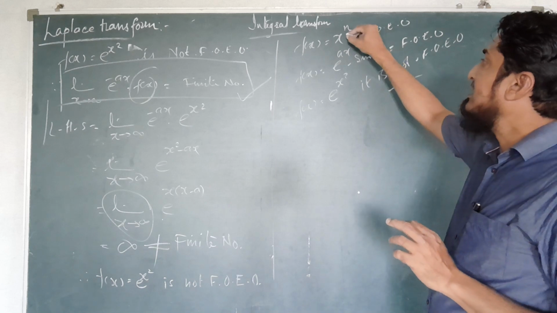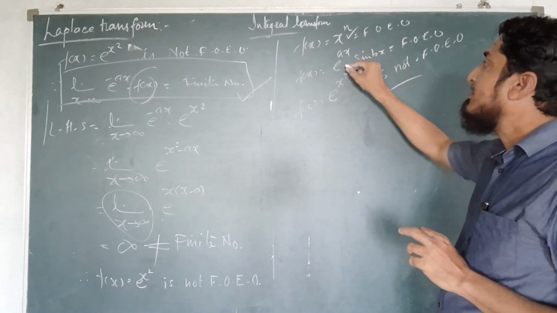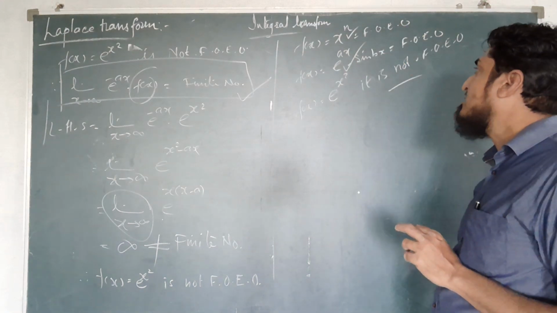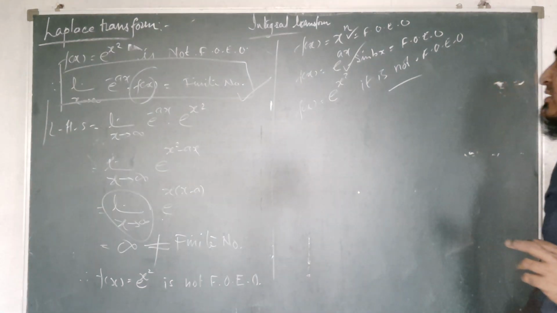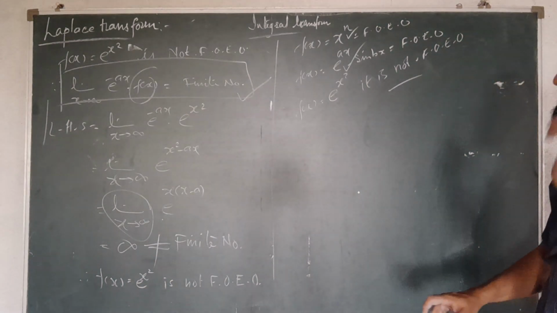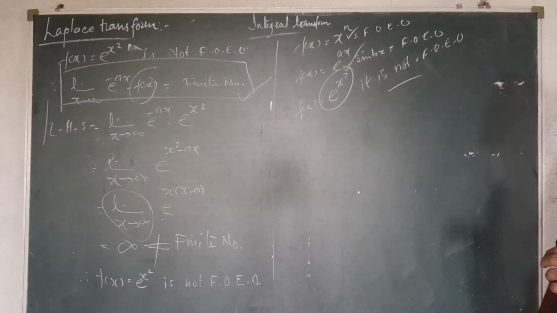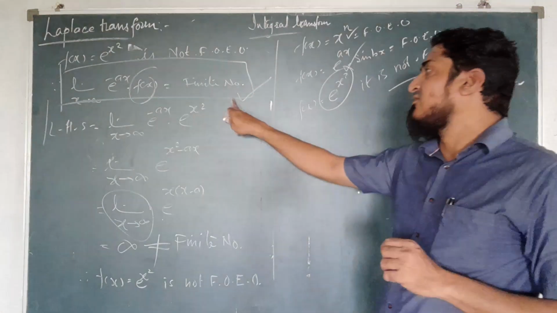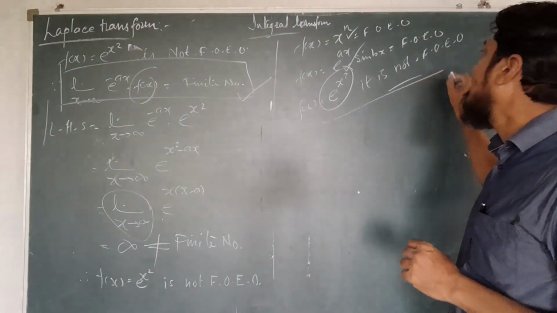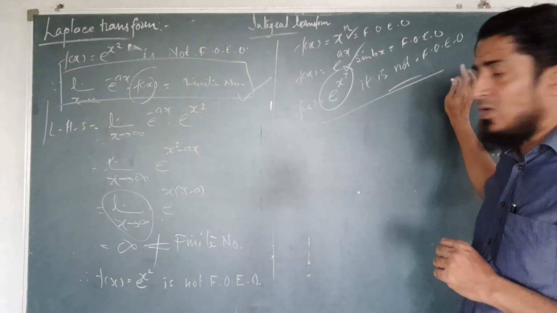We saw that x raised to n and e raised to ax sine bx are of exponential order, but e raised to x square does not satisfy this condition, so it is not a function of exponential order.